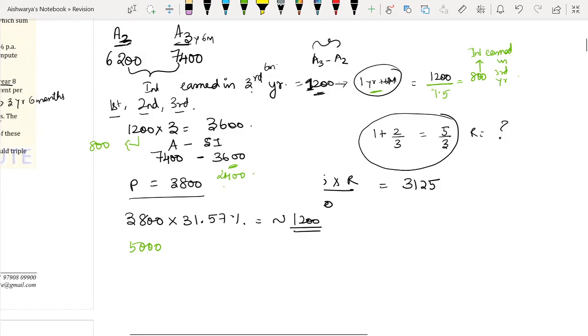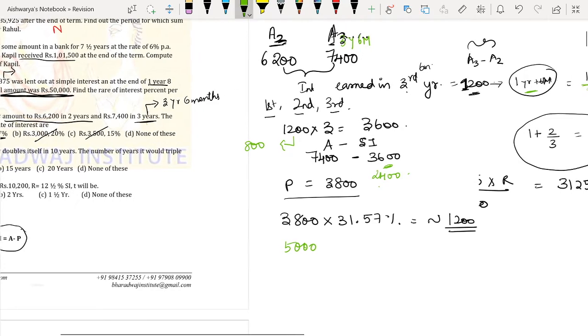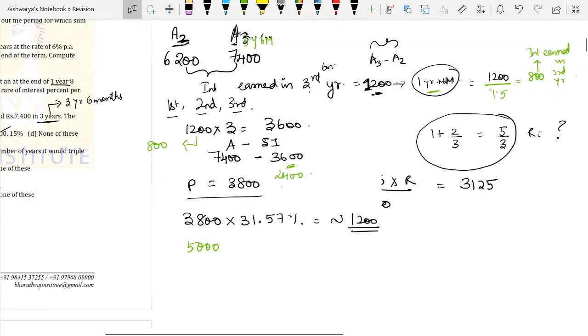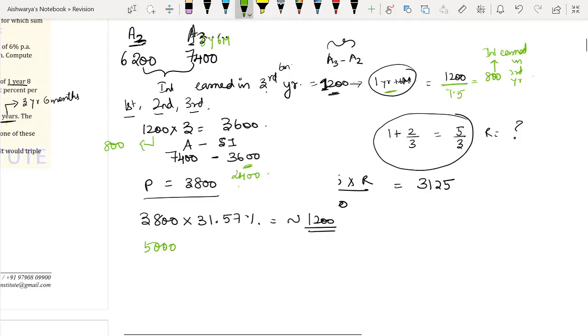I'm saying in case the question said, suppose this is the amount at the end of the third year, suppose it said 3 years and 6 months in the question. Here instead of 3 years, it is 3 years and 6 months. Then what happens is you will be earning this 7,400 minus 6,200, correct?